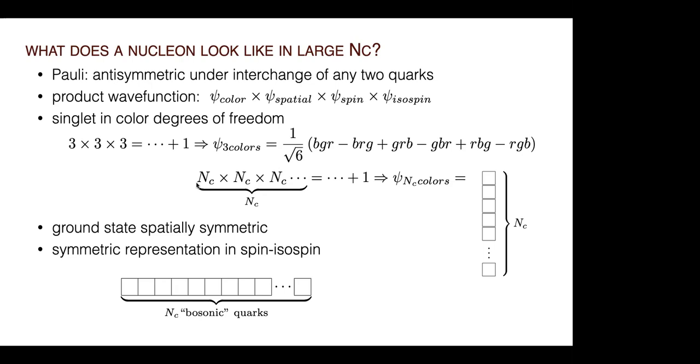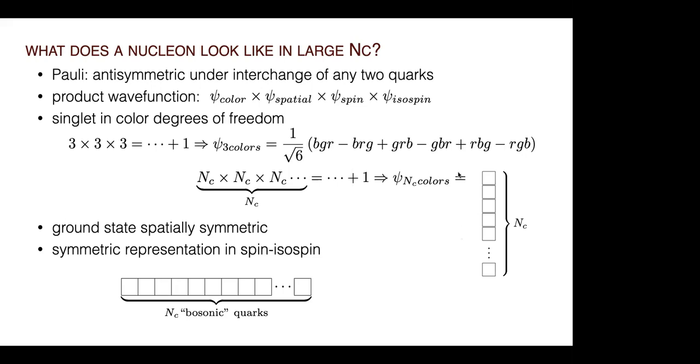If I increase the number of colors to 49,001, then I'm going to need to have a nucleon that has 49,001 quarks. And the way that I create the singlet is listed in terms of this Young diagram here, where we have the total anti-symmetry imposed by this column of boxes.